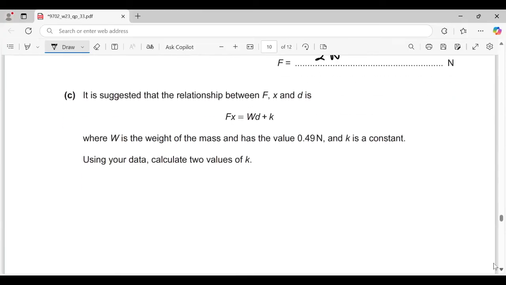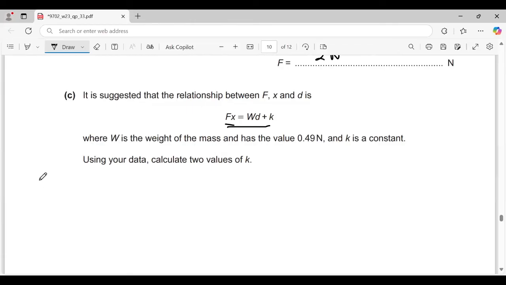It is suggested the relationship between F and D is the equation Fx equals Wd plus K, where W is the weight of the mass and has the value of 0.49 newton, and K is a constant. Using your data, calculate two values of K.